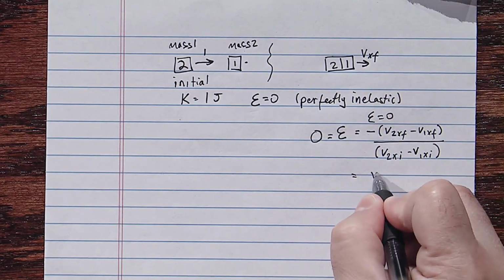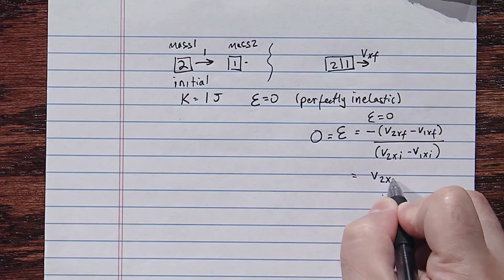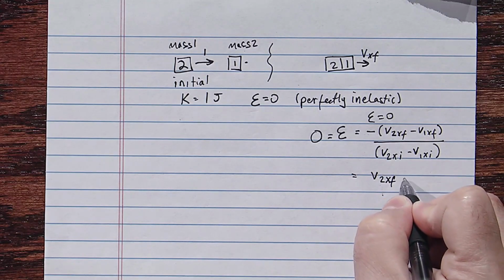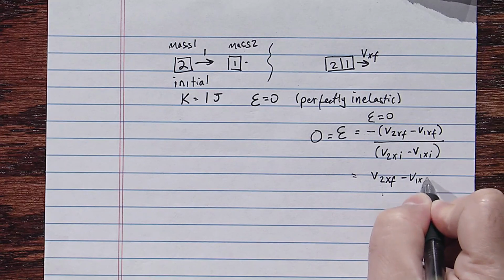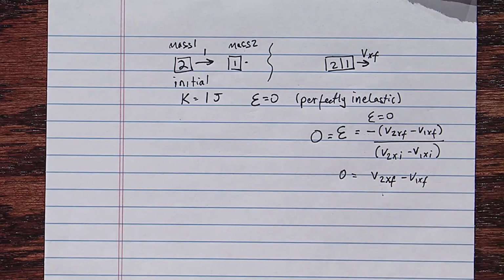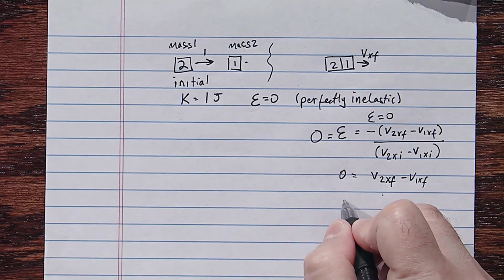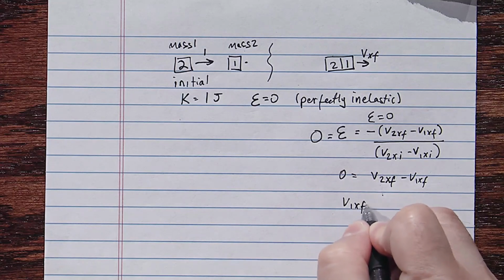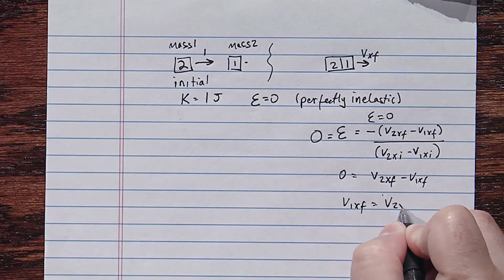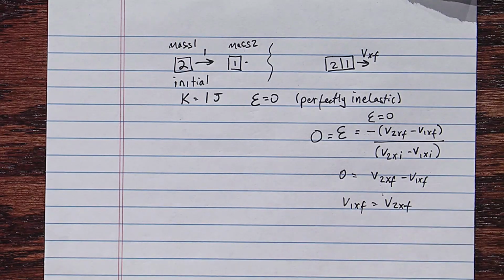So this tells us that V2x final minus V1x final is equal to 0, or V1x final equals V2x final.